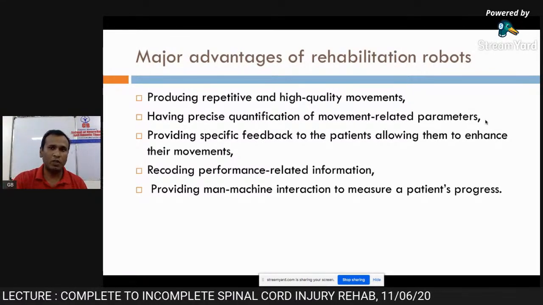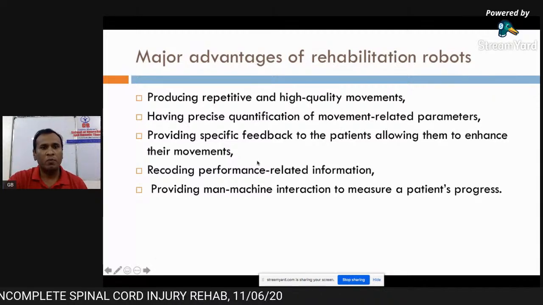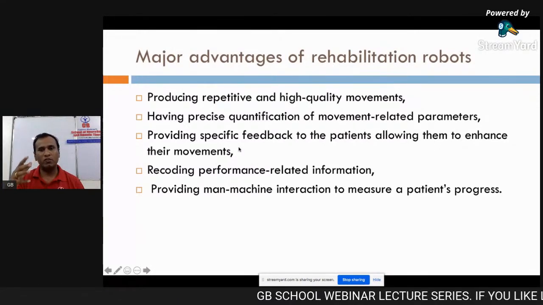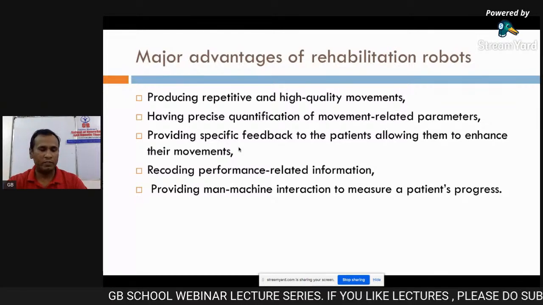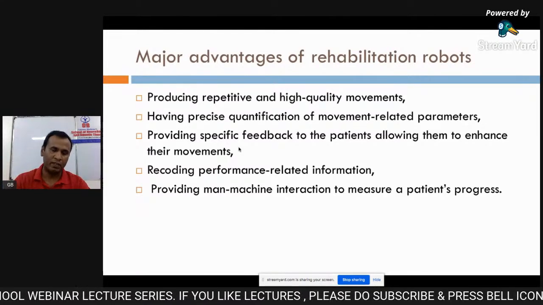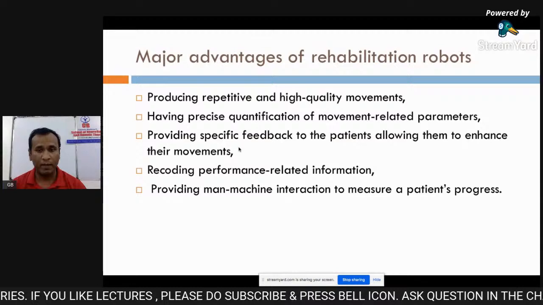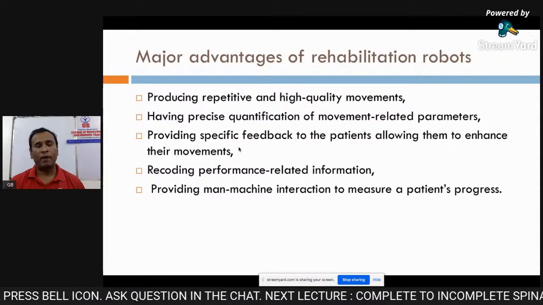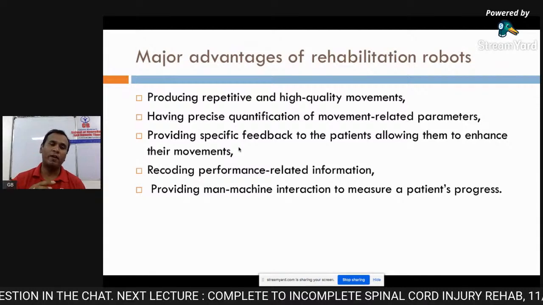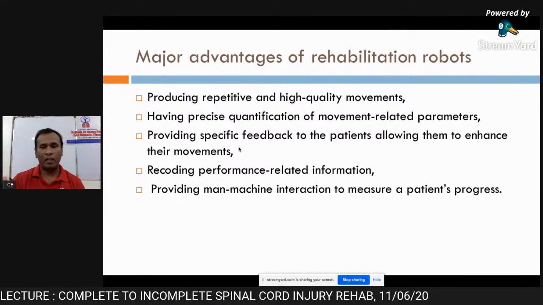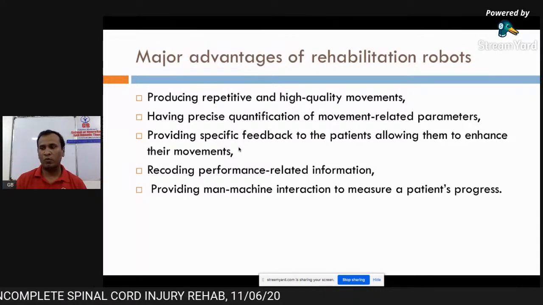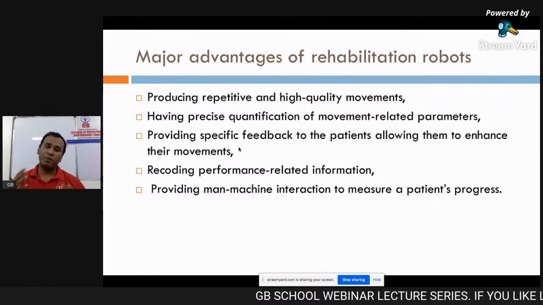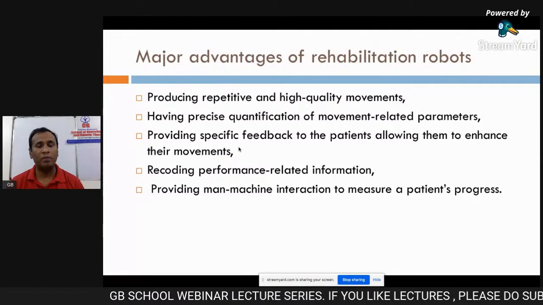That data can be analyzed and stored, providing specific feedback to the patient and allowing them to enhance their movement, because it gives so many details of the parameters of the movement at different phases and intervals. Suppose in walking his flexion parameters were not good, he can focus more on hip and knee flexion, or if ankle parameters, weight bearing, or weight shifting were not good, accordingly he will get very specific feedback from the robotics, and then the patient can work on that.